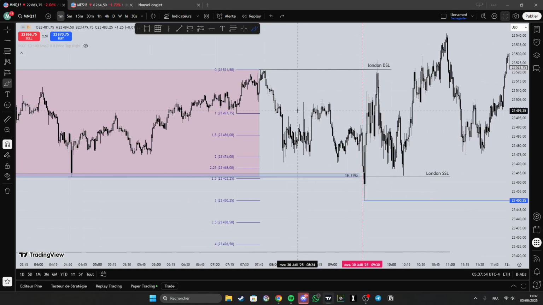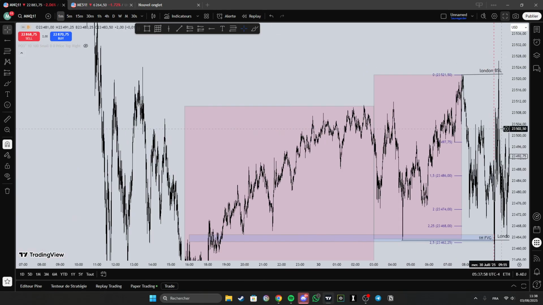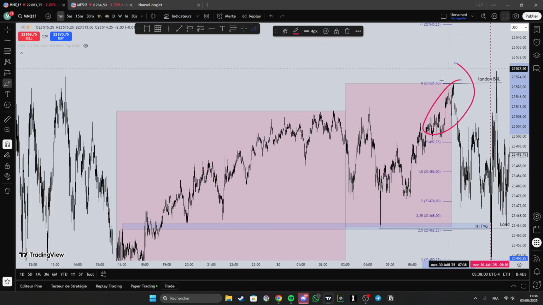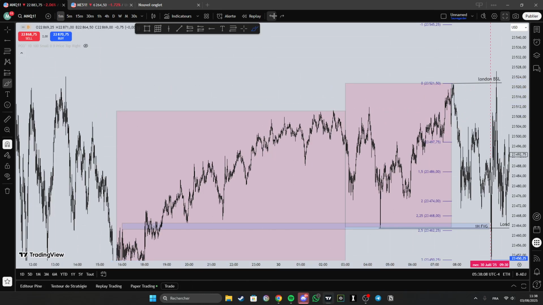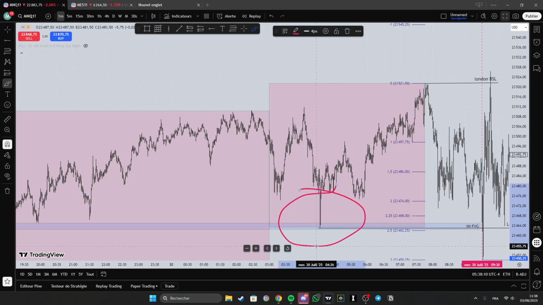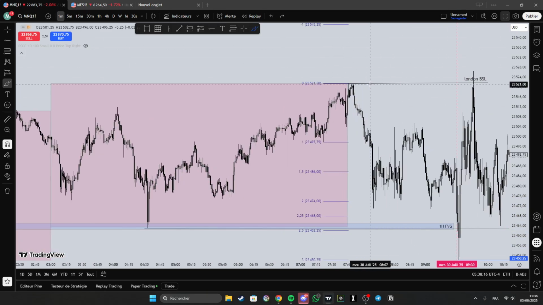So I'm looking way before, and the last manipulation that we had is this one. Why? Because this one takes all the buy-side liquidity here above. I don't care about this manipulation because it's the prior one. I only care about the last one. So this one is the main one I want to focus on. Okay.